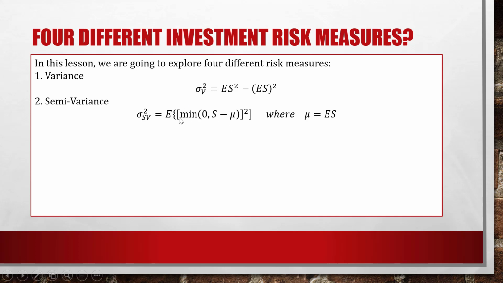We take the minimum, so if the deviation is positive, if the risk is greater than the average, then we are going to eliminate it, and we are going to just focus on the negative deviation. That means when the outcome is less than the average. That's why we have the minimum between 0 and S subtract mu. And then we square this deviation and add all the deviations together to take the average.